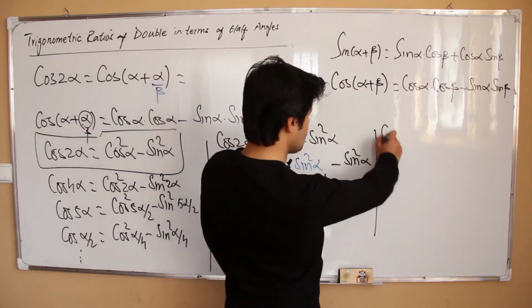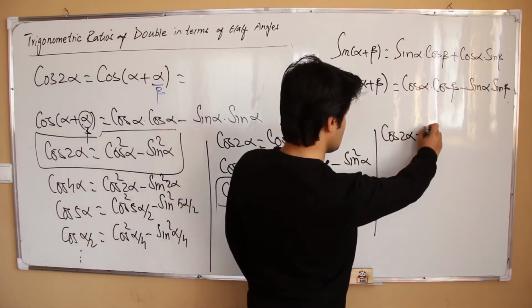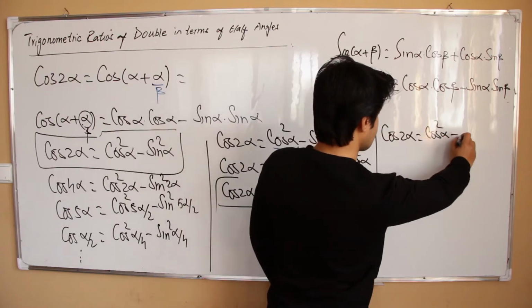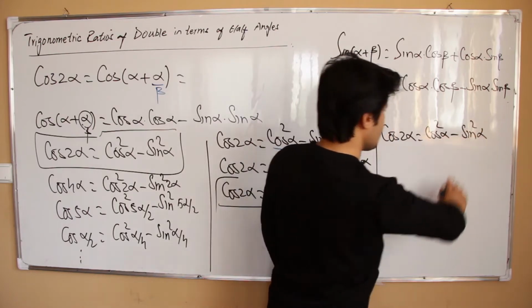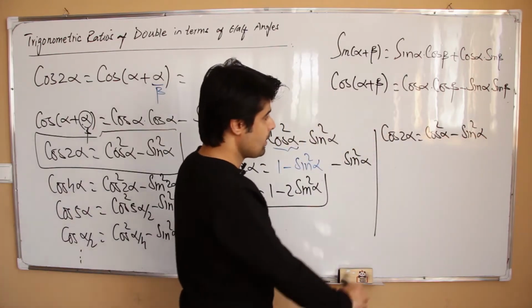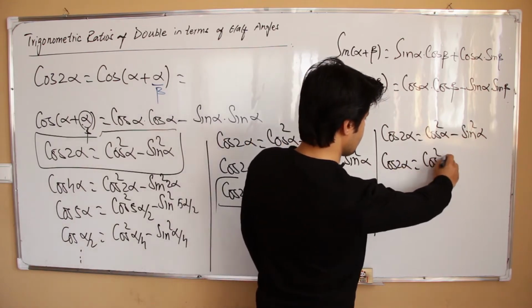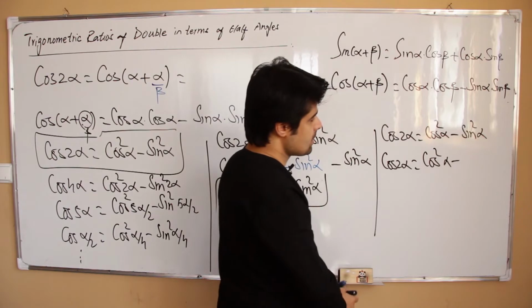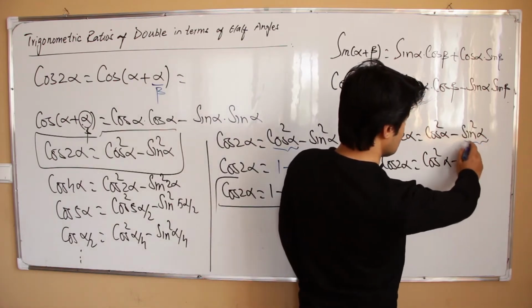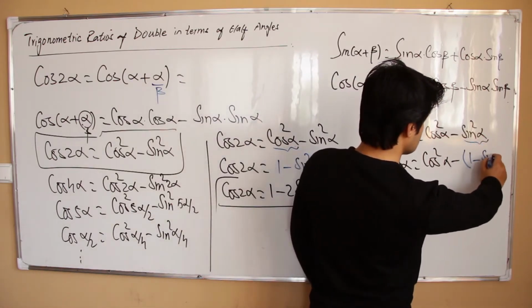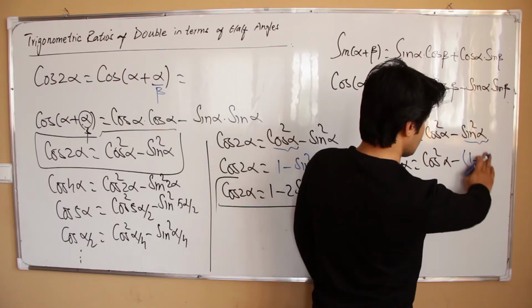What do I mean? Cosine of 2 alpha is cosine square of half minus sine square of its half, or not? Yes. Now cosine of 2 alpha, put this one, cosine square of alpha, minus, instead of this one, can we write 1 minus cosine square?